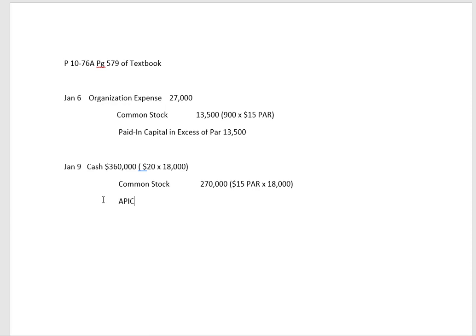Just understand that this is the same thing as paid in capital in excess of par, okay? Just to keep things easy for the rest of these problems, I'm just going to call this additional paid in capital, but the textbook might say paid in capital in excess of par. Same thing, okay? I'm just trying to save from typing too much. And so this is just going to be the difference, which is $90,000.